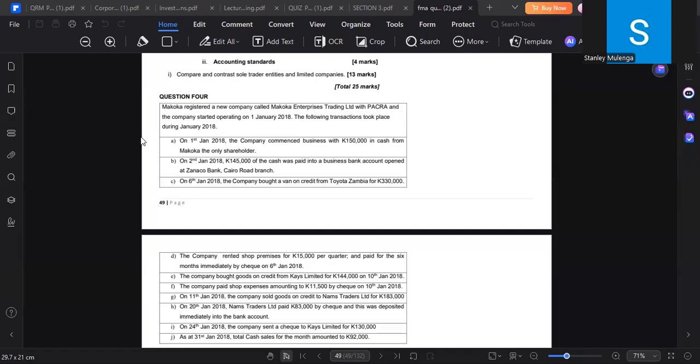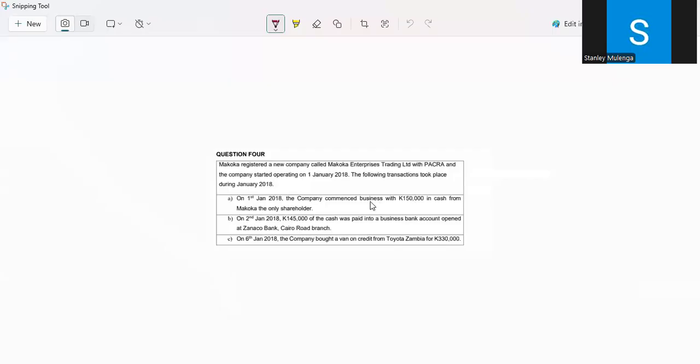We need to come up with a T account. A simply says, on January 1, the company commenced business with 150 in cash from Macoca as the only shareholder.